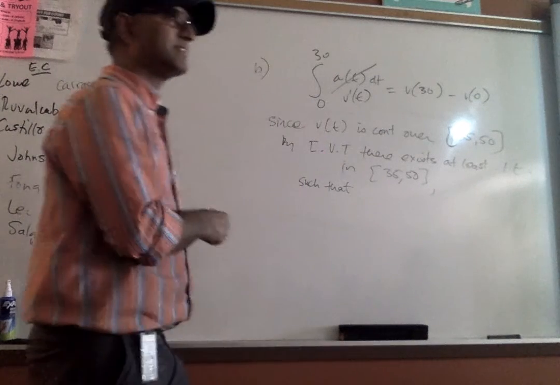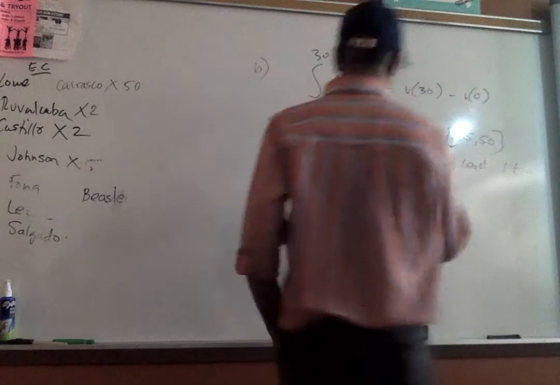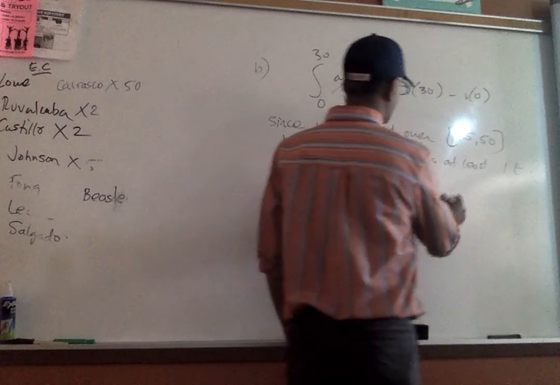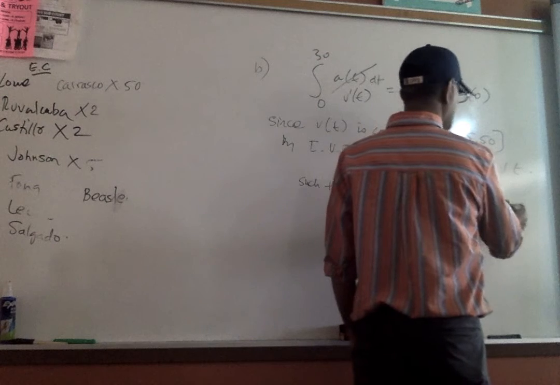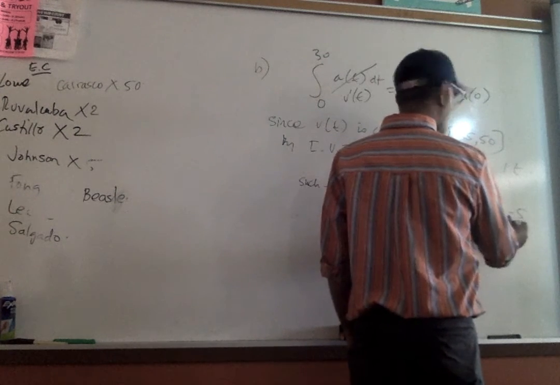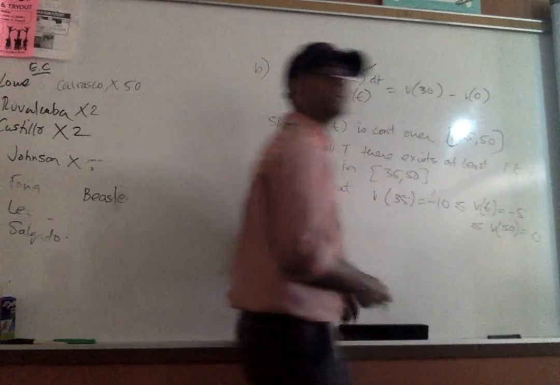I'm going to look at the table. V of 35, which is negative 10, is less than or equal to V of t, which is negative 5 they gave us, which should be less than or equal to V of 50, which is 0.